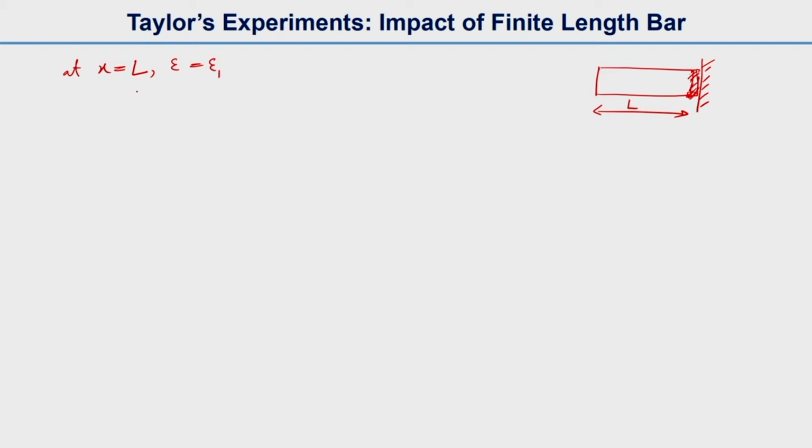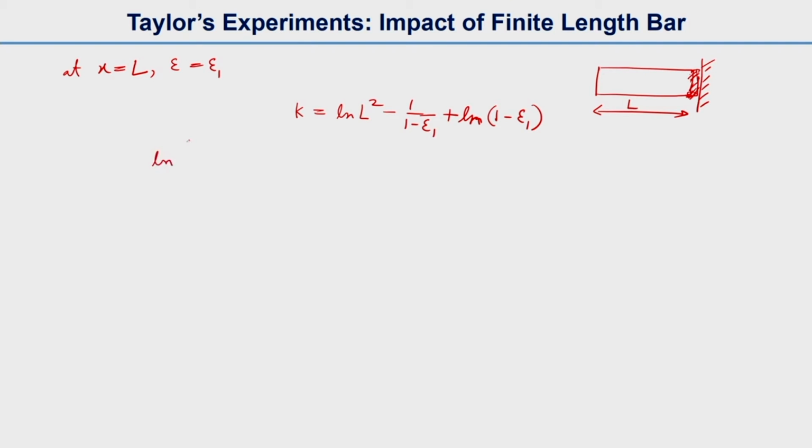Using that relation gives the constant of integration k equal to ln L square minus 1 by epsilon 1 plus ln (1 minus epsilon 1), and we replace that in the earlier expression.